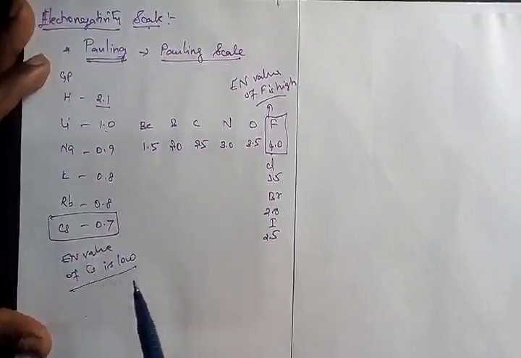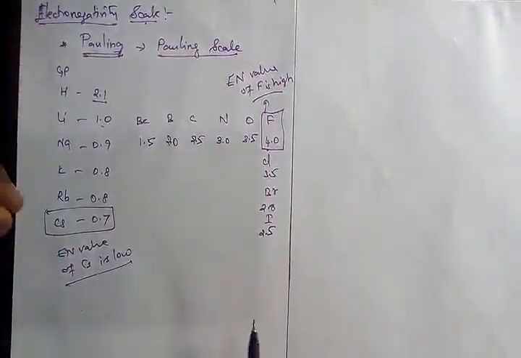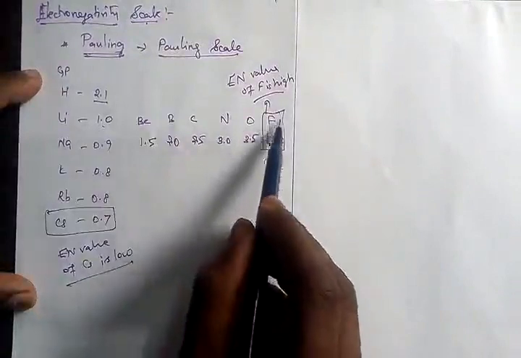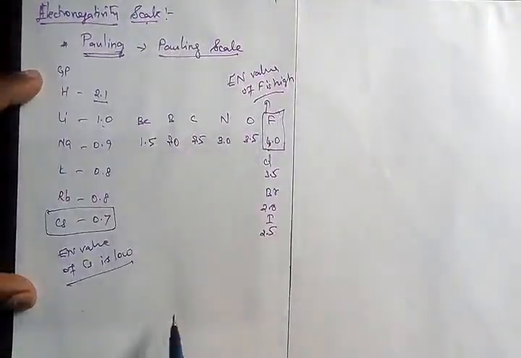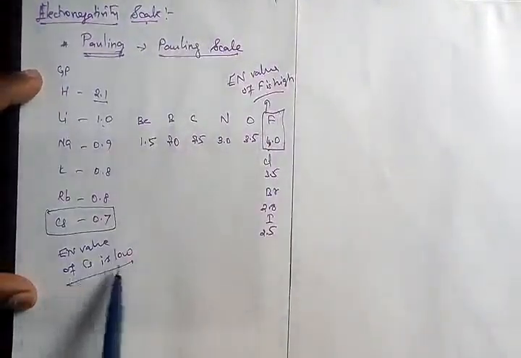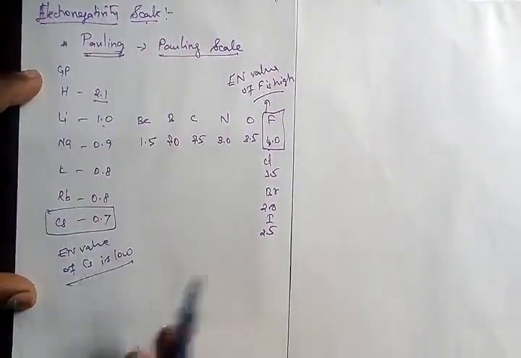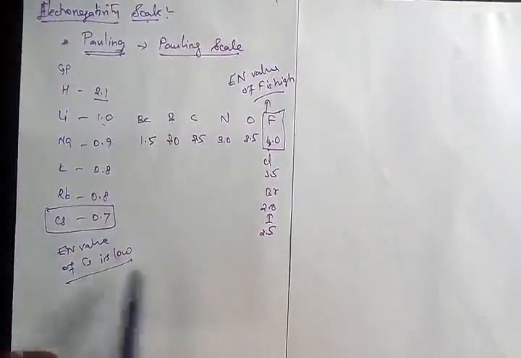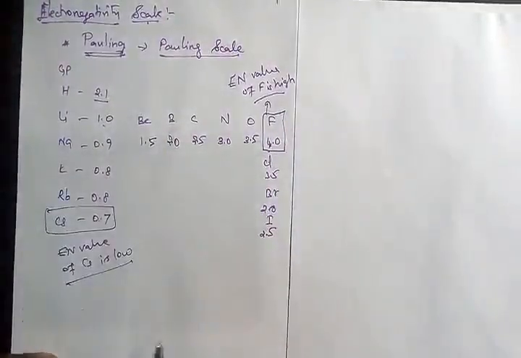So in the periodic table, the highest electronegativity value according to Pauling scale is 4, fluorine, and the lowest En value is cesium. This you have to understand.